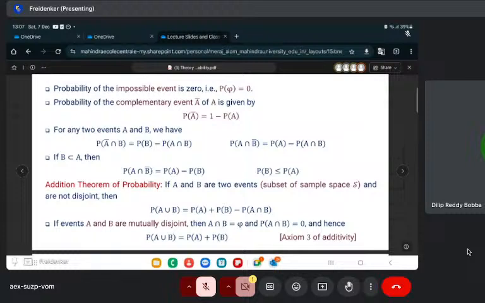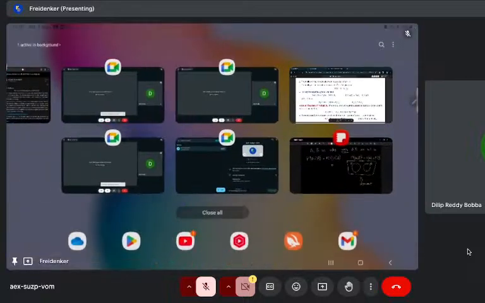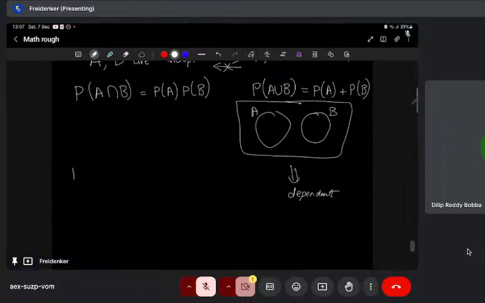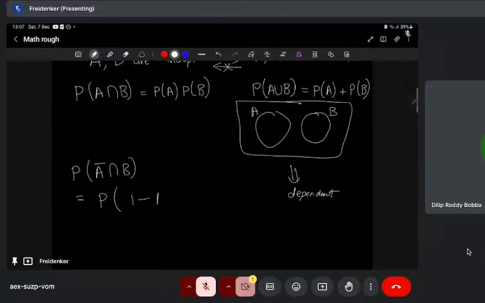So probability of complement of A and B. This is nothing but the probability of, not 1 minus, it's like the entire set. Let me say I have a universal set U minus A and B. What will this be?